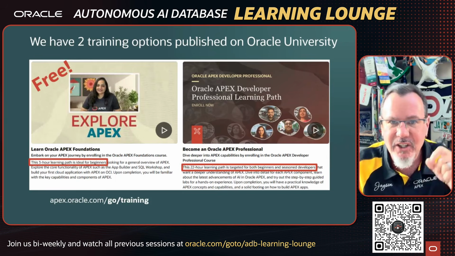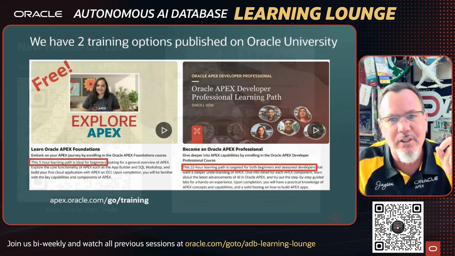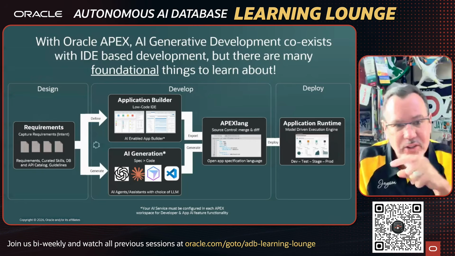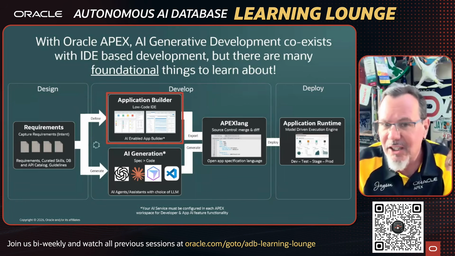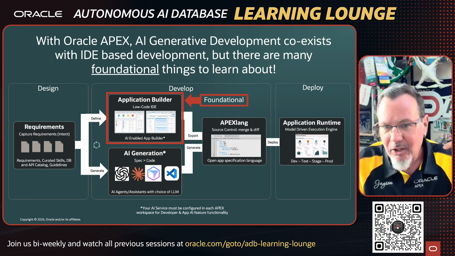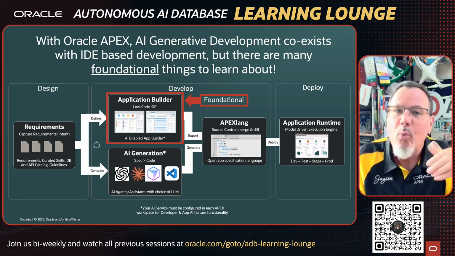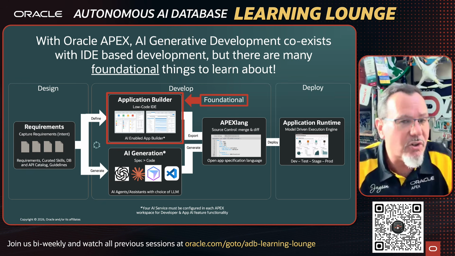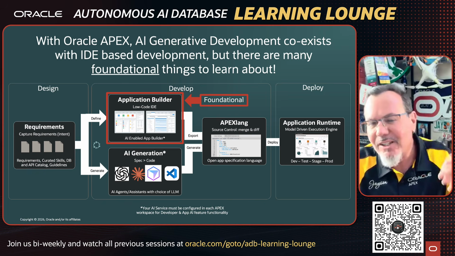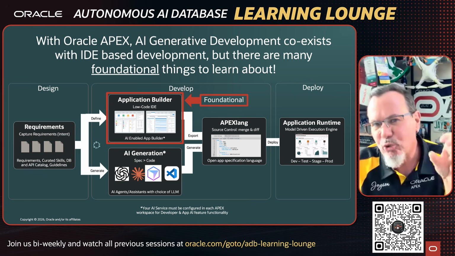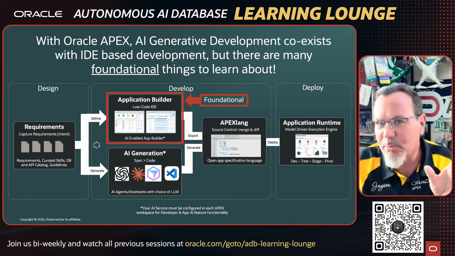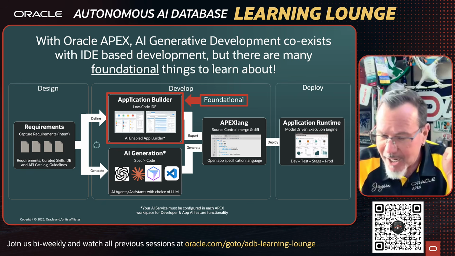And what's covered in these various courses is still important when you go forward to vibe code things with your AI service of choice, either using the IDE or using the AI generative method with VS Code and other tools. It's still foundational. So we are currently working on updating the courseware for APEX 26.1, so you see all the new screenshots and we dive into some of the APEXlang approaches, but that training just is not updated to that point yet. But it doesn't make it any less valuable to you today. So keep that in mind.